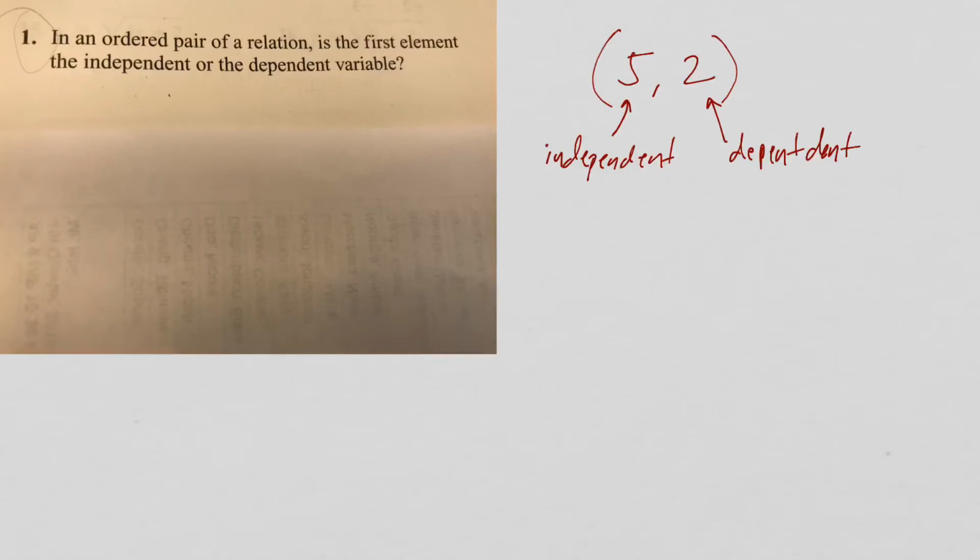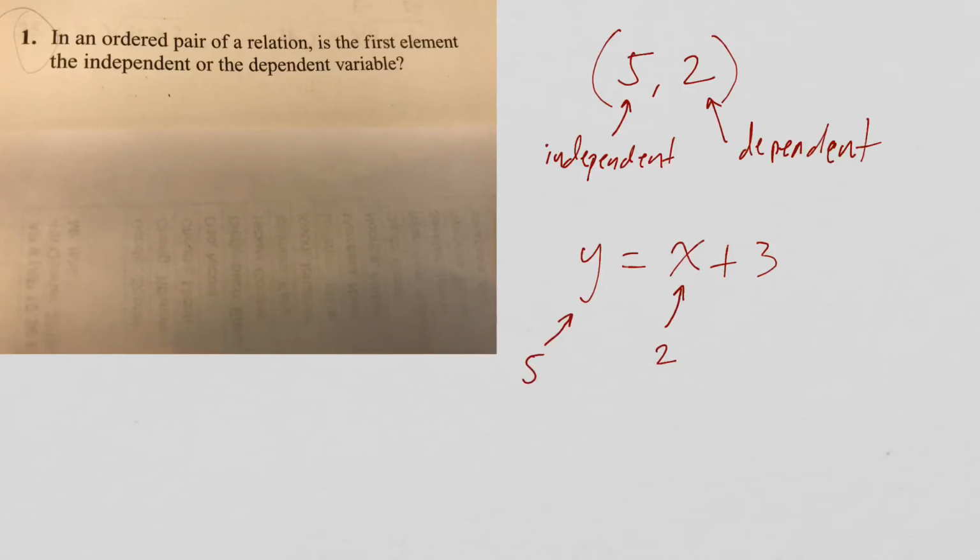So if I had something like y is equal to x plus 3, if I were to plug in a 2 here, I would pop out a 5. This y depends on what I decide to plug in here, which is why they call that x the independent variable. You choose that, and y then depends on that x.